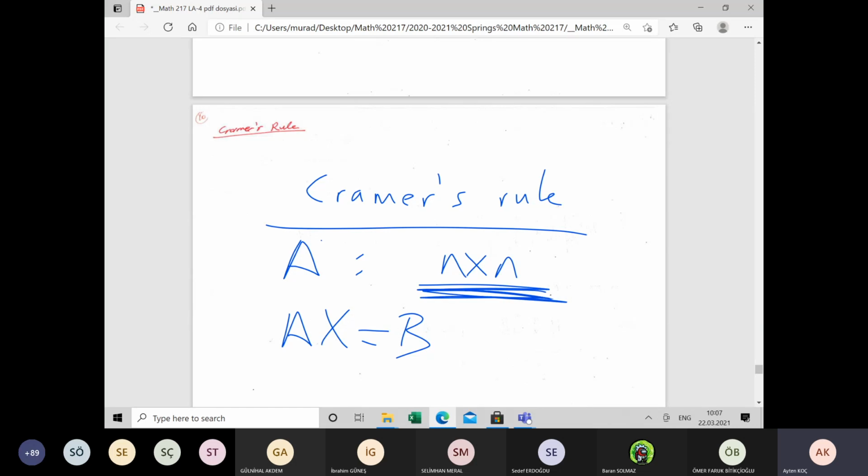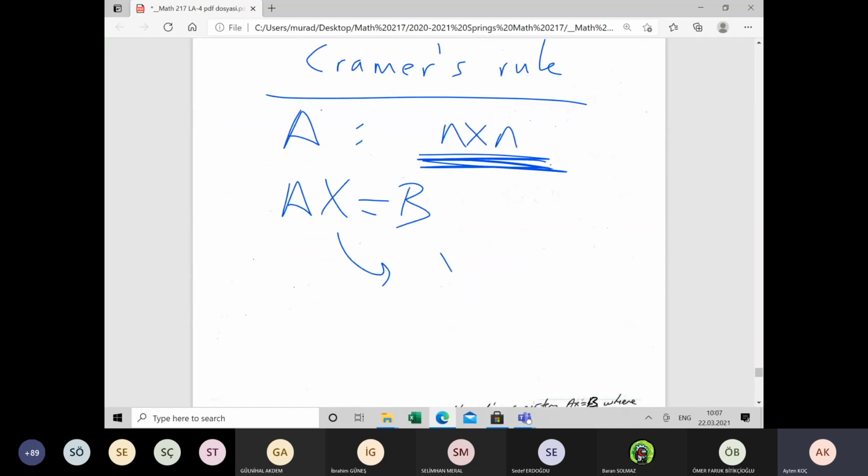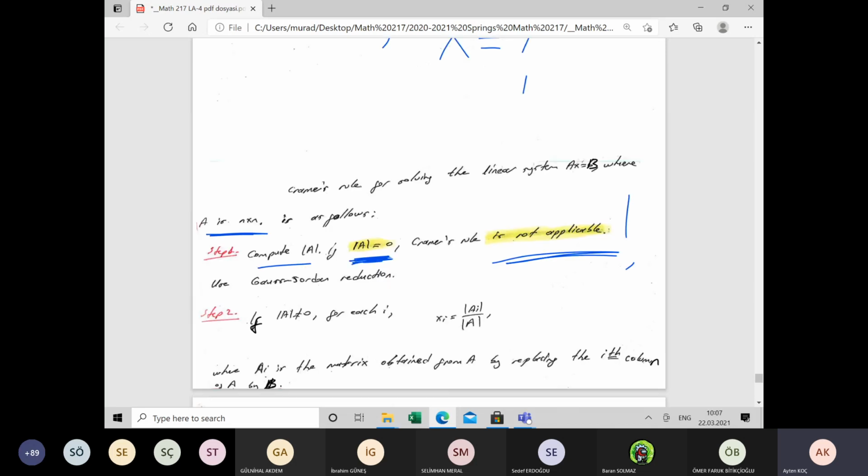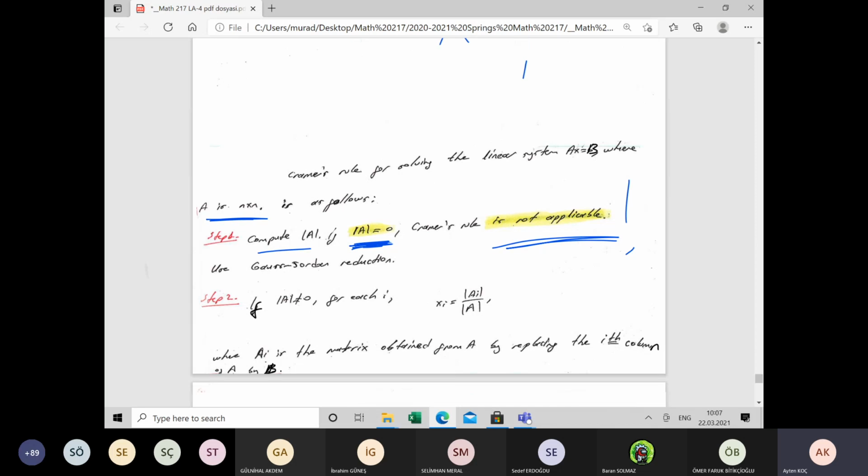Also our aim is to find the X using Cramer's rule, but the next critical point: the determinant of A should be non-zero. Otherwise, if the determinant is 0, it is not applicable. It's okay. Be careful. It doesn't work, and then you have to use the Gauss-Jordan reduction to solve this one.